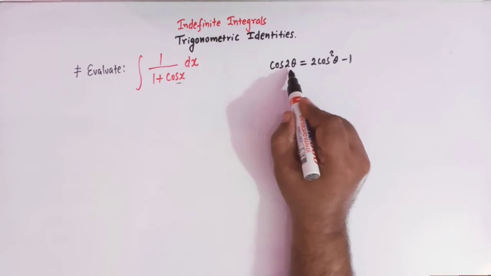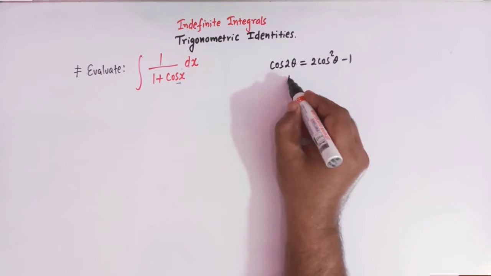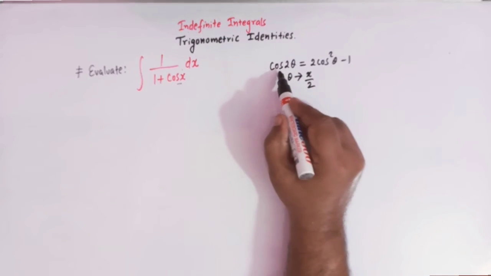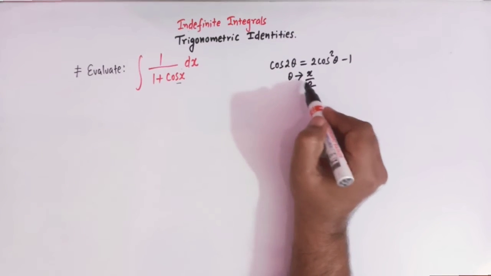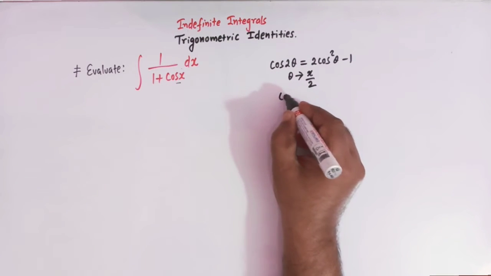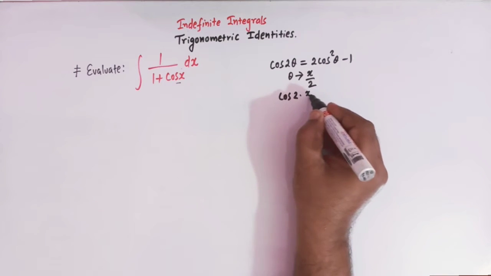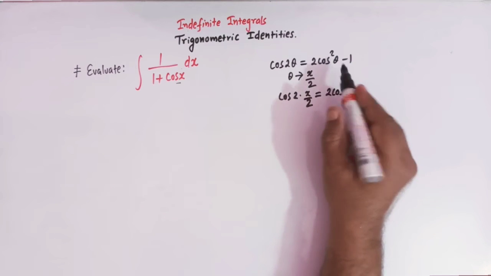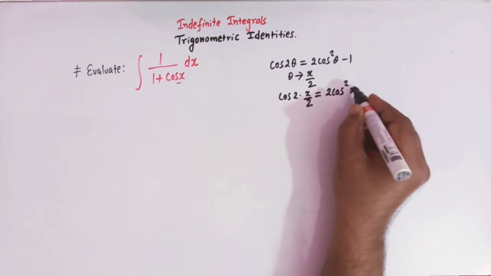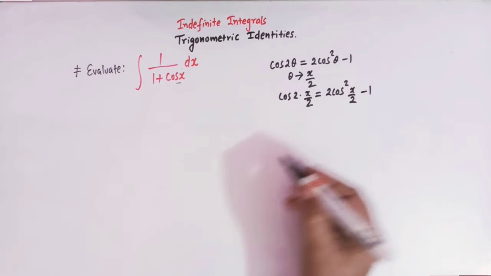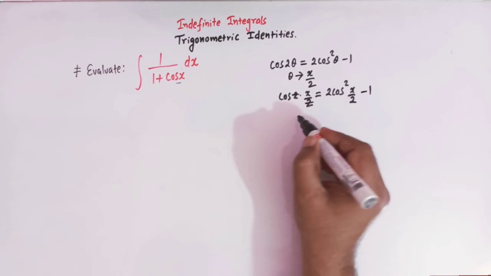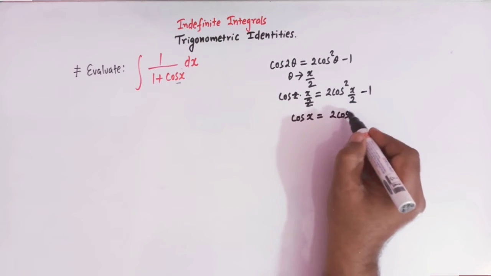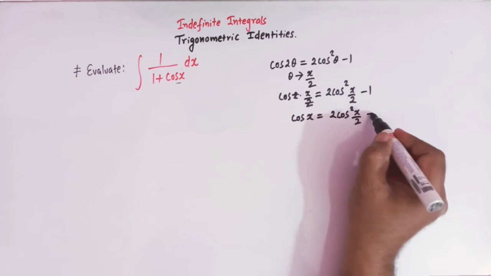See, here what we will do, we'll replace theta by say x over 2, right? So if we replace theta by x over 2 in this result, see what we get. We get 2 times x over 2, and here we have 2 cos square. For theta we have x over 2, and here we have minus 1, right? So 2 and 2 get cancelled, so we are left with cos x is equal to 2 cos square x over 2 minus 1.